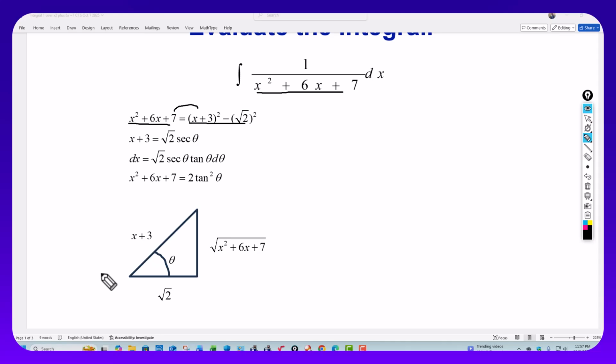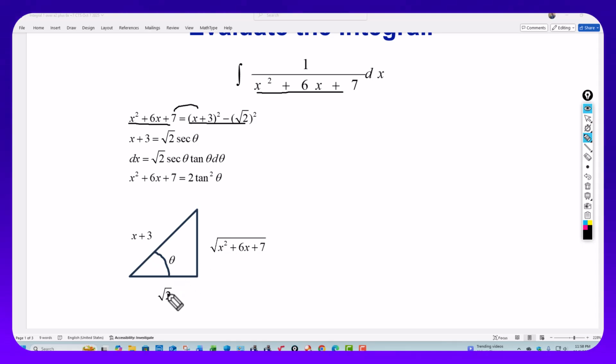So if I wanted to find the sine of theta using this triangle, sine of theta is opposite over the hypotenuse. Cosecant is just the opposite of that: hypotenuse over the opposite.